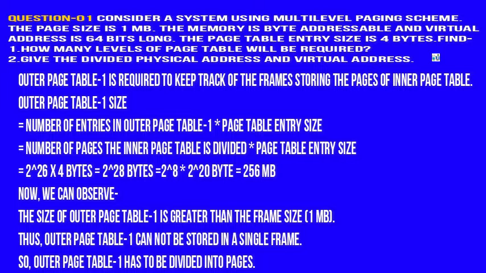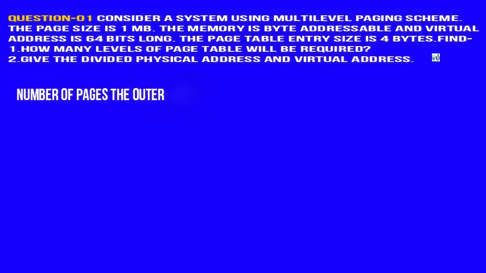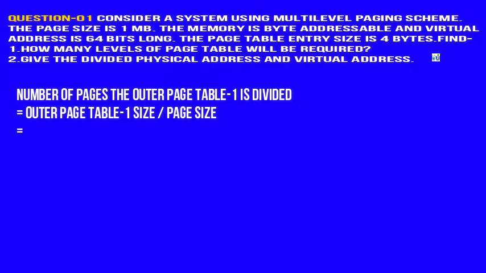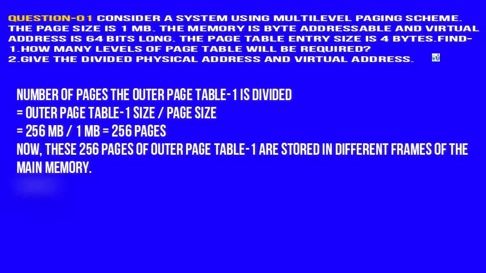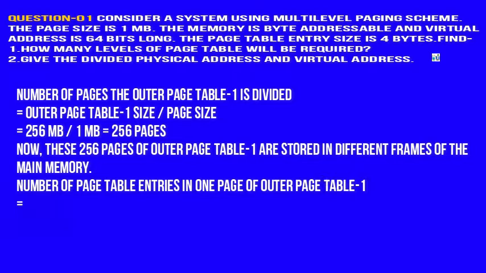Outer page table 1 size is 256 megabytes, divided by 1 megabyte, equals 256 pages. Now these 256 pages of outer page table 1 are stored in different frames of the main memory.